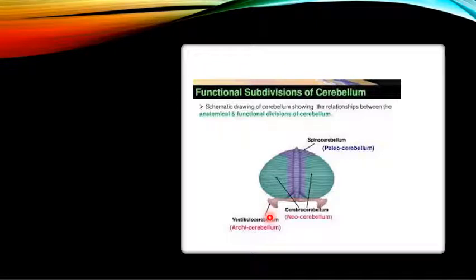Last time also we had understood that when we see the stages of development, the oldest one that is formed is the archicerebellum. It is concerned with maintenance of equilibrium and eye movement. So body posture, maintenance of equilibrium, and your eye movements are all controlled by this archicerebellum.